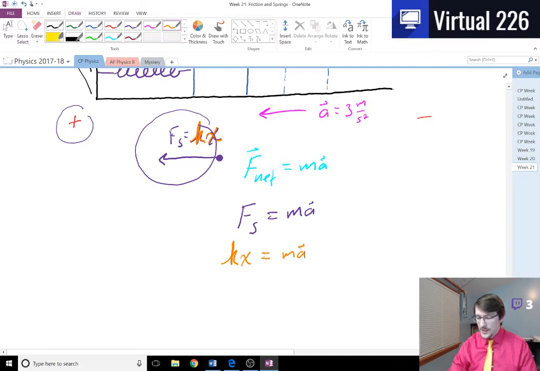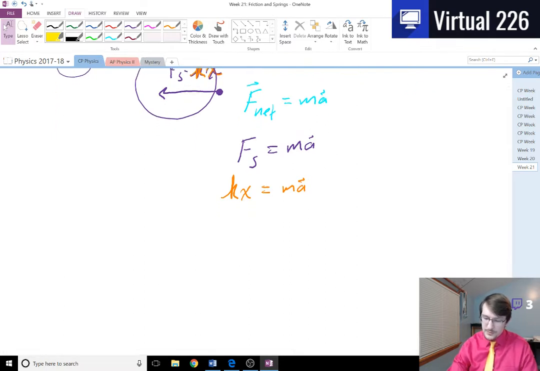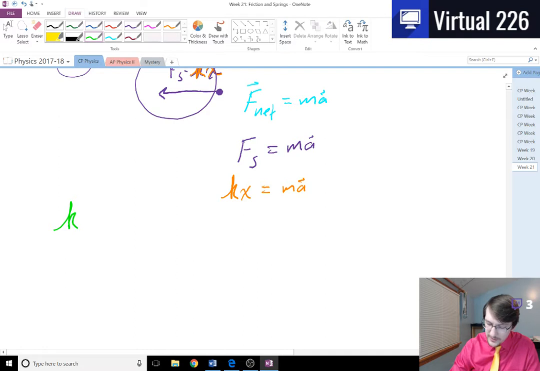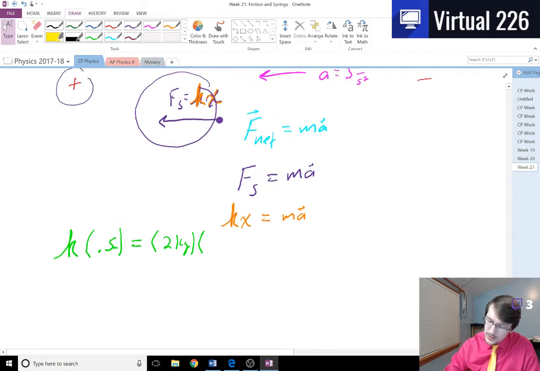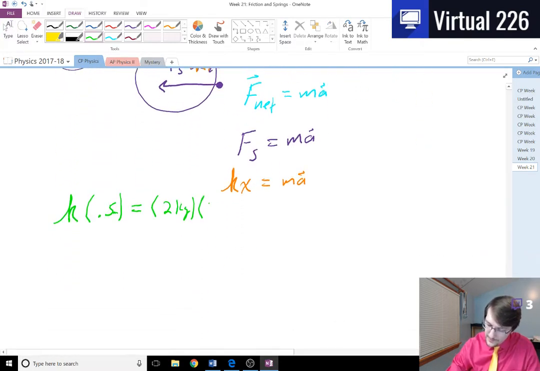And now it's just a matter of plopping in some numbers and calling it a day. If we do plop in some numbers, well, we don't know what k is, so it's staying as k. That's what we're looking for. But we knew x was 0.5. Like I said, if you had the negative, it'd be 0.5 anyways. So however you'd like to think about that. We said the mass here was 2 kilograms. This is in meters. And we said the acceleration was, what was that acceleration? 3 meters per second squared.